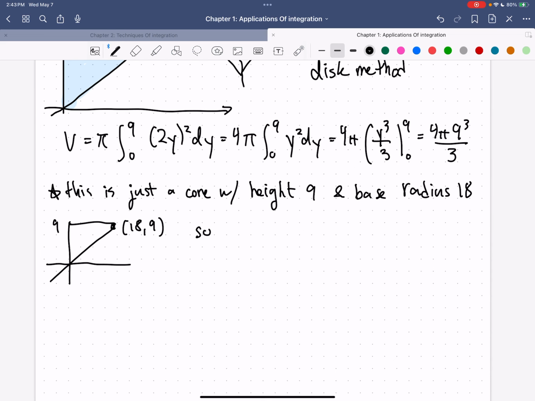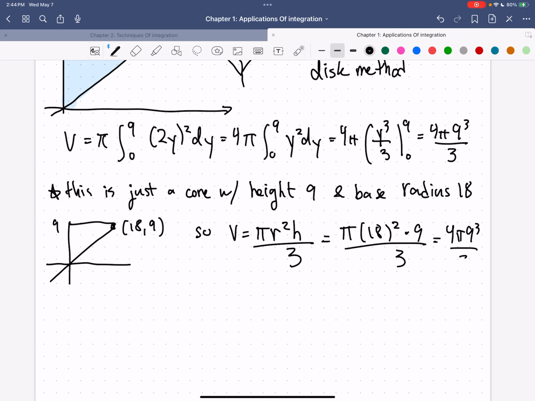So we can just use the volume formula for a cone. V is equal to pi r squared h over 3. So that's pi times 18 squared times 9 over 3, which also gives us 4 pi 9 cubed over 3 as well. So that's a cool fact.